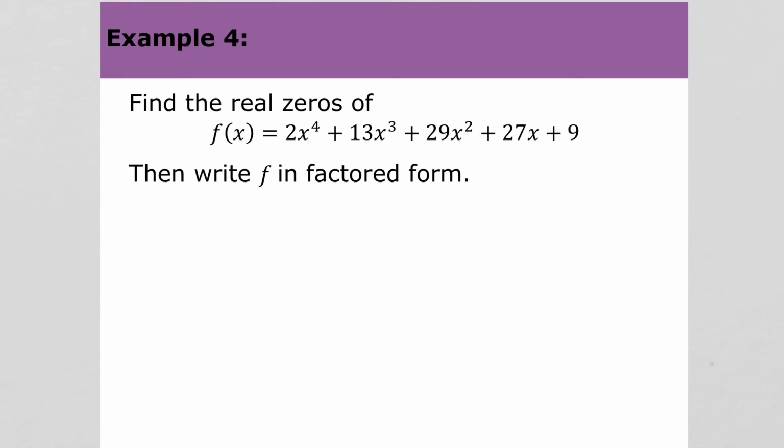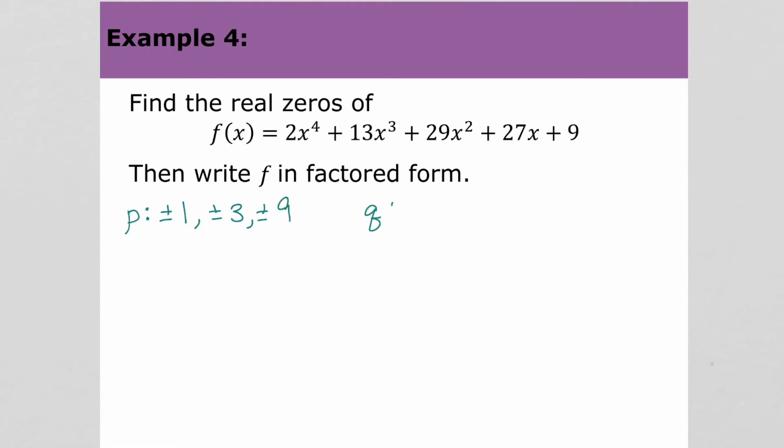Look at another example. So, find the real zeros of this function. So we need to start with our p's over q's. So the factors of p are, that's 9, by the way, plus or minus 1, plus or minus 3, plus or minus 9.